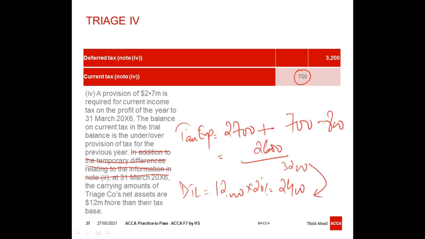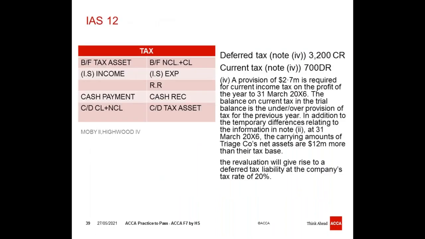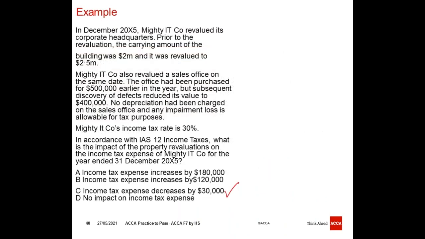The carrying amount of the tried assets is 12 million more than the tax base. So whenever the carrying amount is greater than the tax base, it will be a taxable temporary difference. The answer is C. Is it clear?